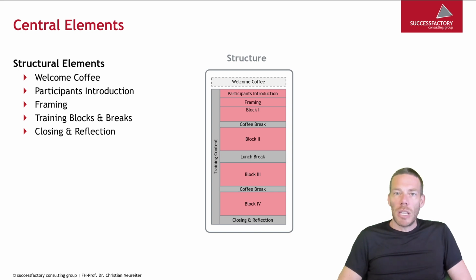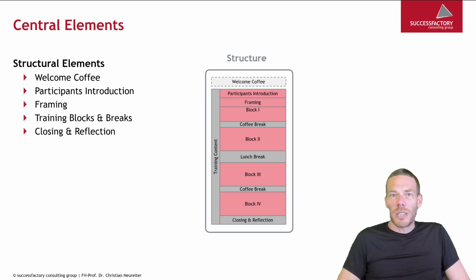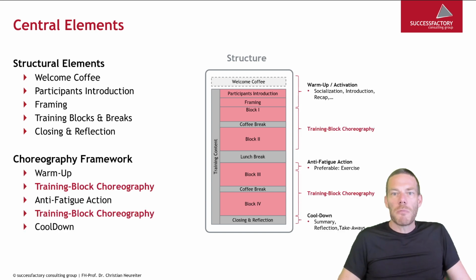If we try to allocate it to a functional or dynamic perspective, then we can identify different phases, like a warm-up activation phase in the beginning, which basically sets the initial pace. Then we can deliver the first training content. So we have some individual training block choreography here.